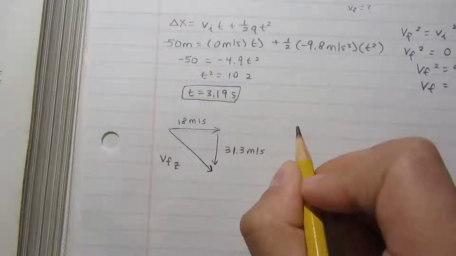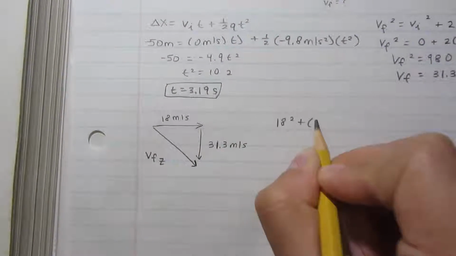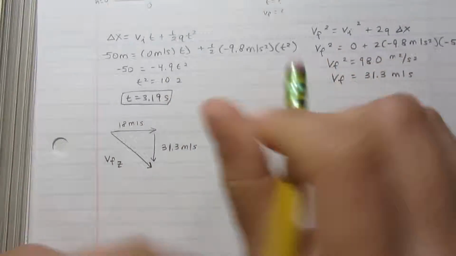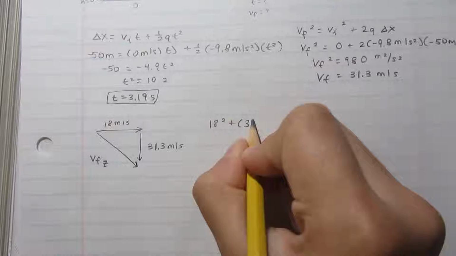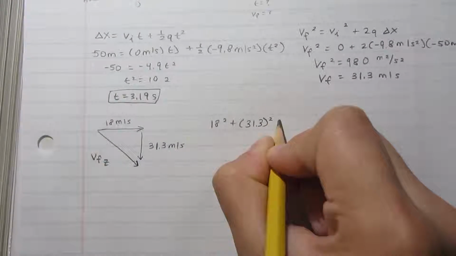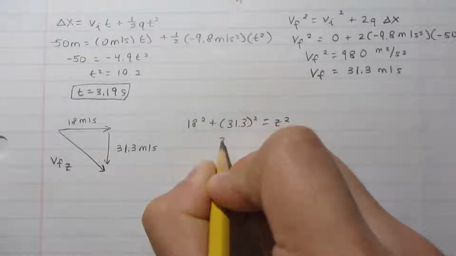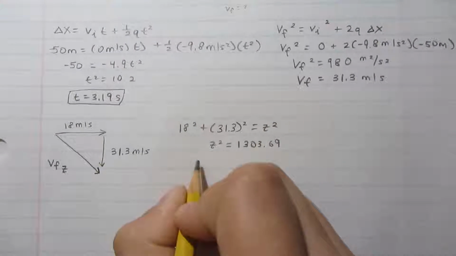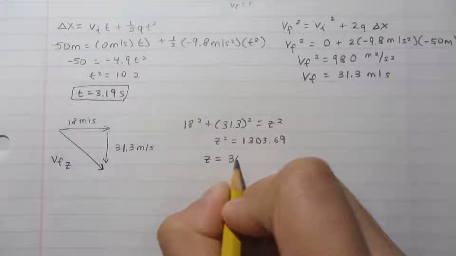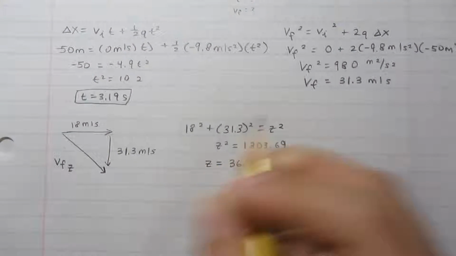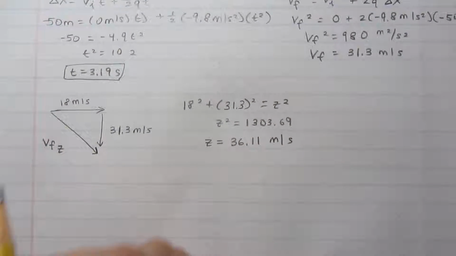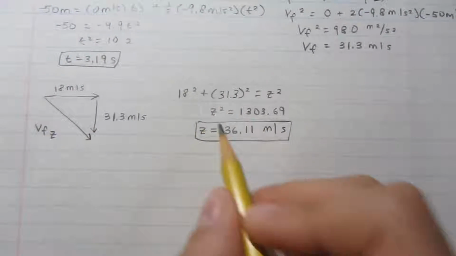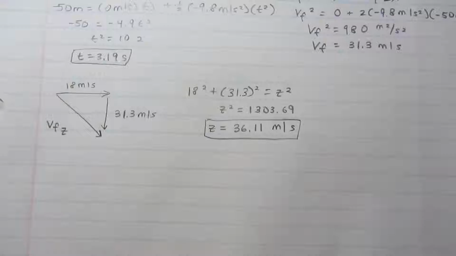So I can use the Pythagorean theorem to find z. 18 squared plus 31.3 squared equals z squared, which is 1303.69, and then z is 36.11 meters per second. So this is the net velocity, final velocity.